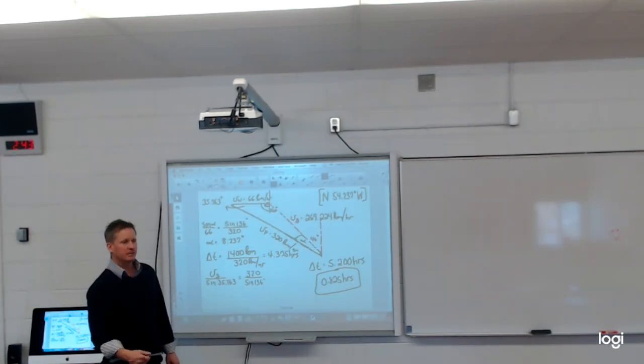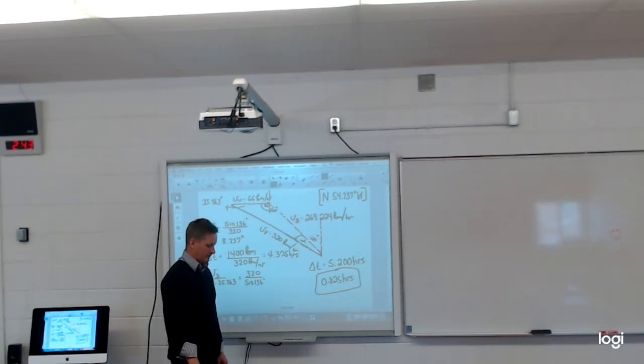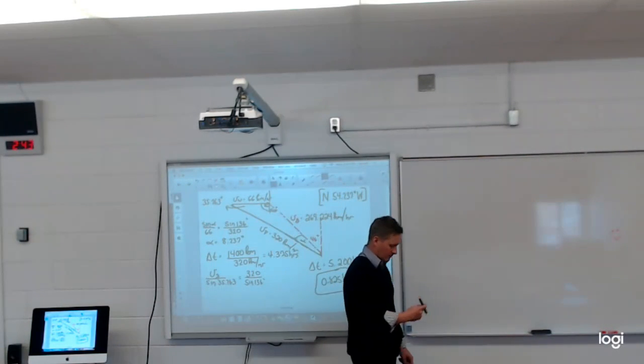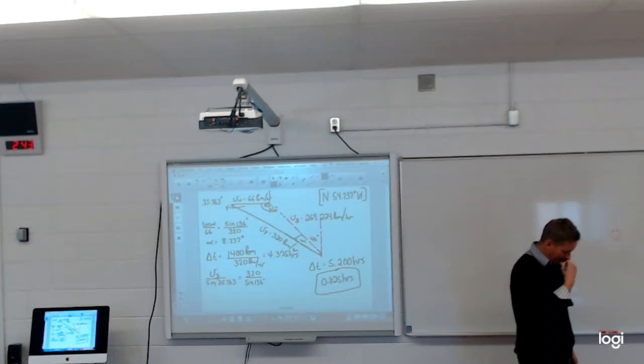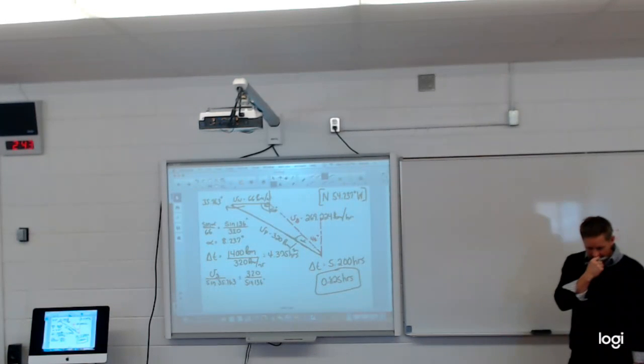My question to you is, how did you find your longer distance? I found my length of the 66 kilometers per hour, and then I used C over the sine of 8.237 over 1400 kilometers, and then the sine of 35.763.